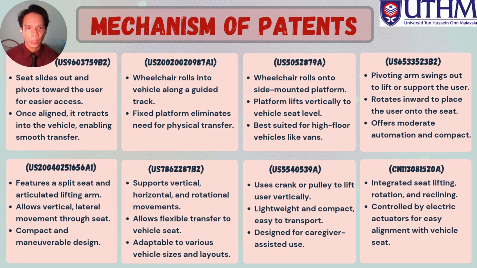Fourth, it has a pivoting arm that swings and rotates inward to place the user onto the seat, and it offers a more direct automation and is compact. Fifth, it features a split seat and articulating lift arm. It allows vertical and lateral movement through the seat. Sixth, it supports vertical, horizontal, and rotational movement. It allows flexible transfer to vehicle seats.